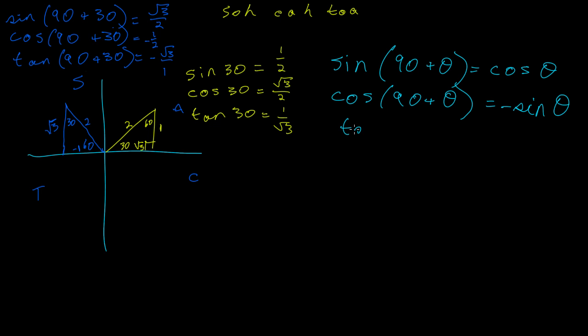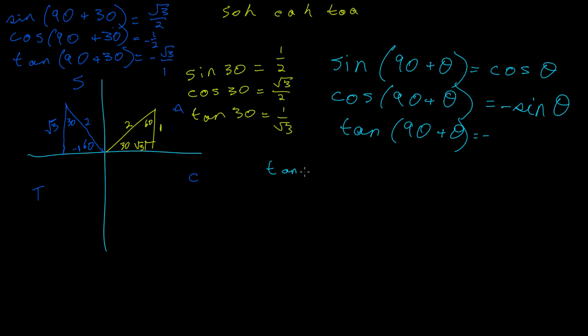And the tan of 90 plus theta, well, this is a little bit interesting. This is negative root 3 over 1. The tan of 30 was 1 over root 3. So this is actually negative the inverse. What's the inverse of tan?